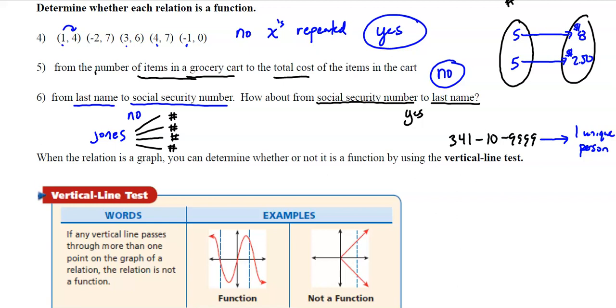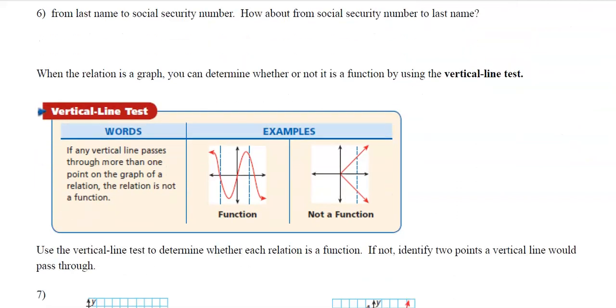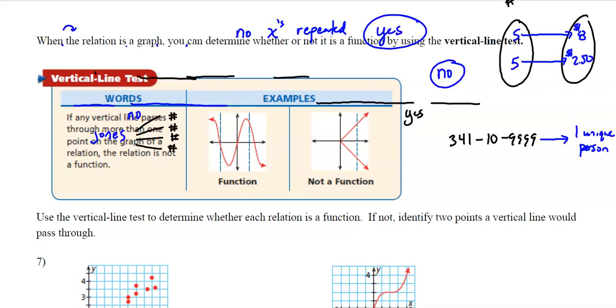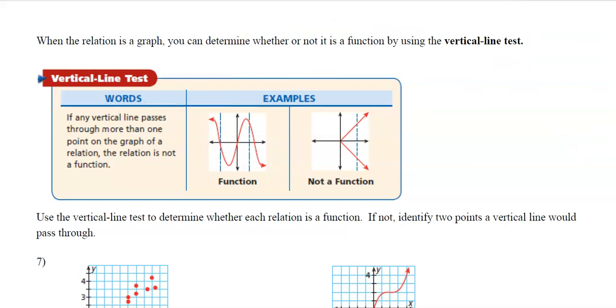All right, now with graphs, there's kind of a special test that we can do. When the relation is a graph, you can determine whether or not it's a function by using a vertical line test. So I'm going to explain really quickly how this works. If I have the graph here, this red squiggly line, almost like a sine or a cosine curve, if you do a vertical line, you're never going to touch two spots on the graph.